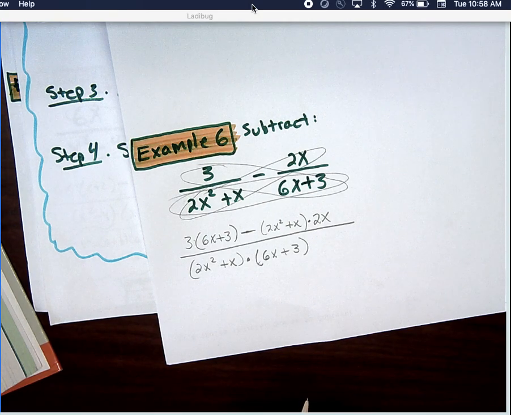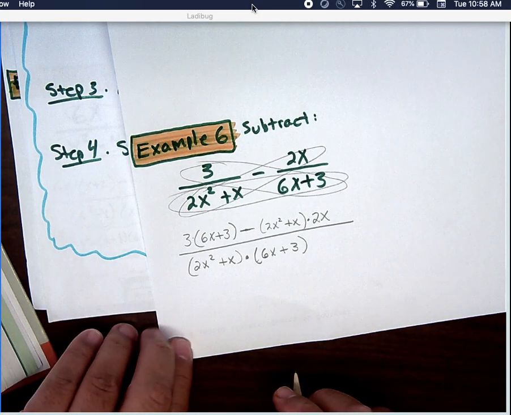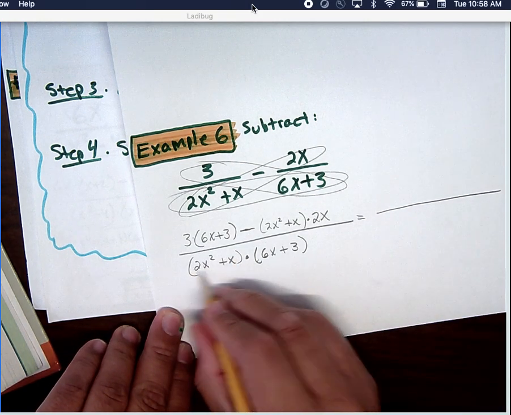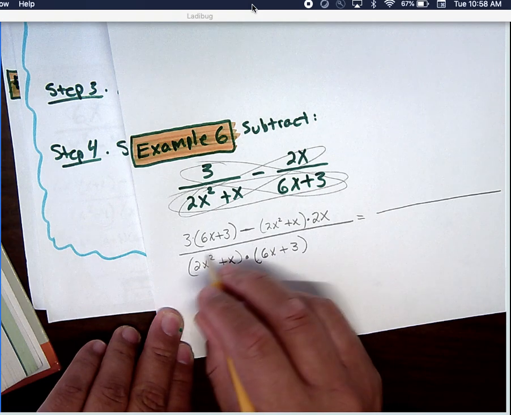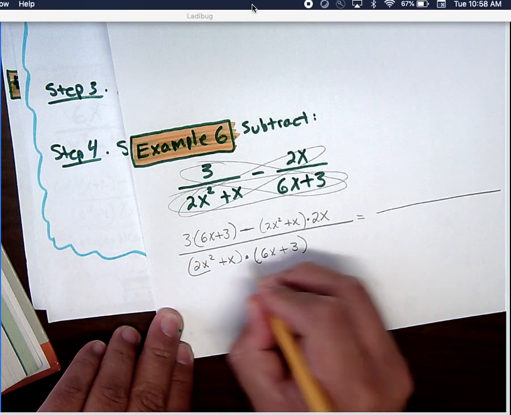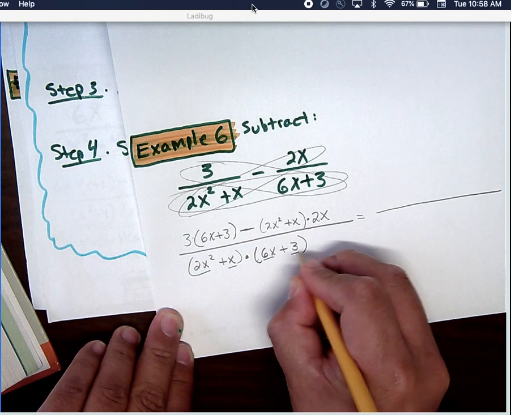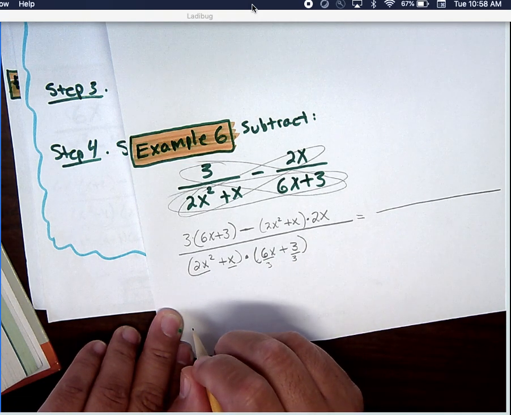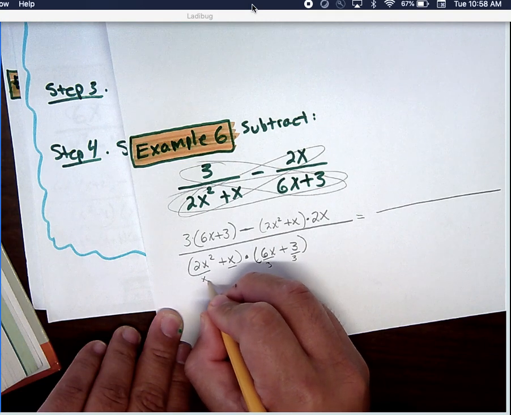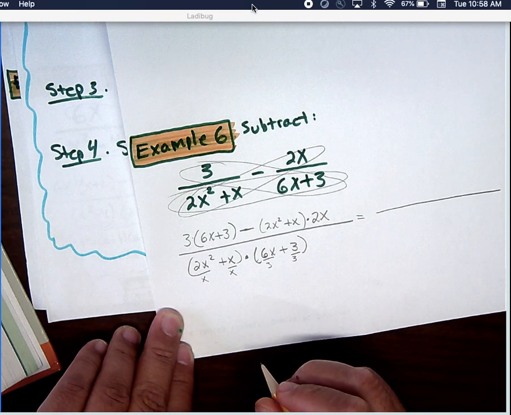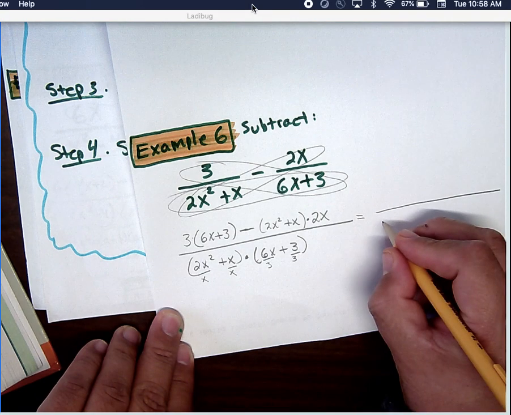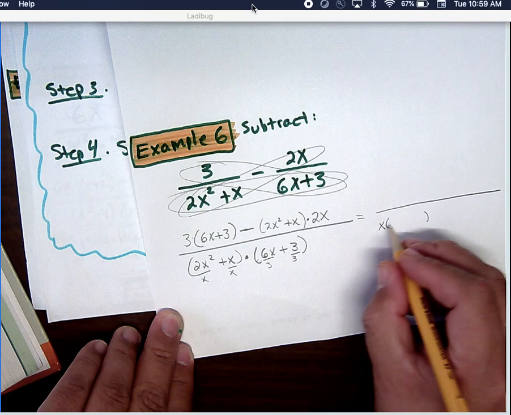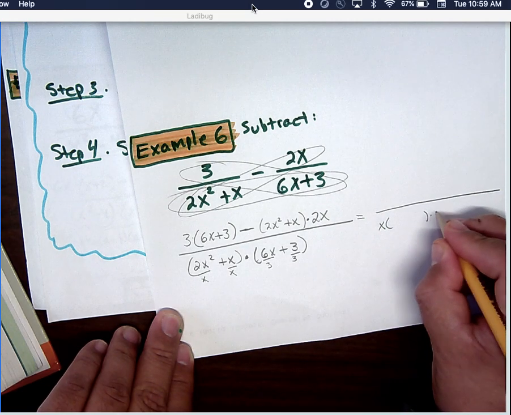Okay, so now what can we do? I think I'm going to simplify, maybe GCF this one, so we can GCF things from here. We can GCF a 3 from this one. We can GCF an x from this one. So let's do this one. This one would be the x is outside, and for this one we have the 3 outside.